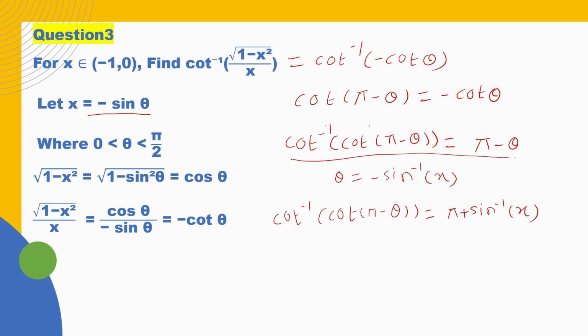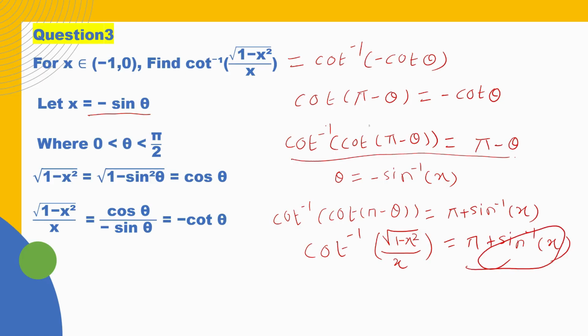Okay, so our answer is cot inverse of under root 1 minus x square upon x is equal to pi plus sine inverse of x. So this is our final answer.